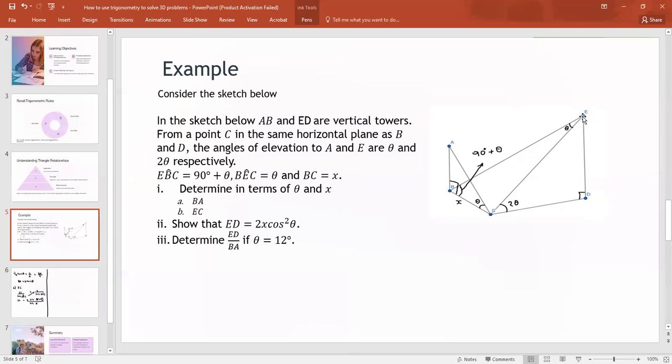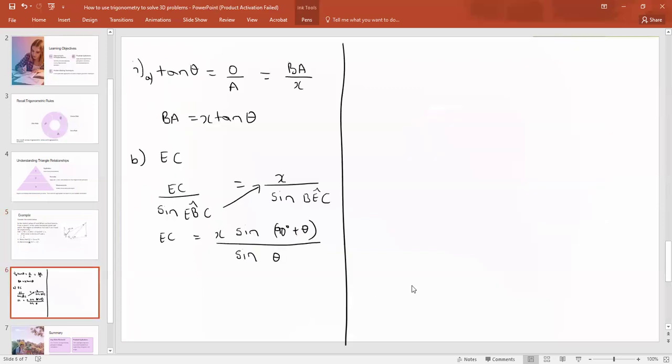We can consider triangle EDC, which is a right angle triangle. What can we use here? We have 2 theta for this angle C here. We can use our trigonometric ratios in this case because we're dealing with a right angle triangle. Let's move on to show that ED is given by that expression.